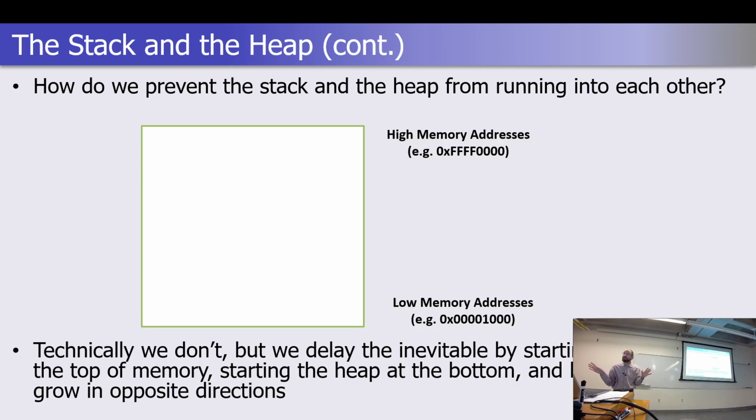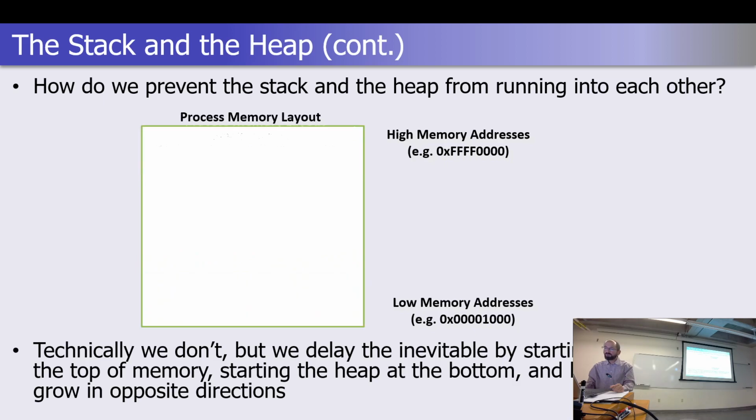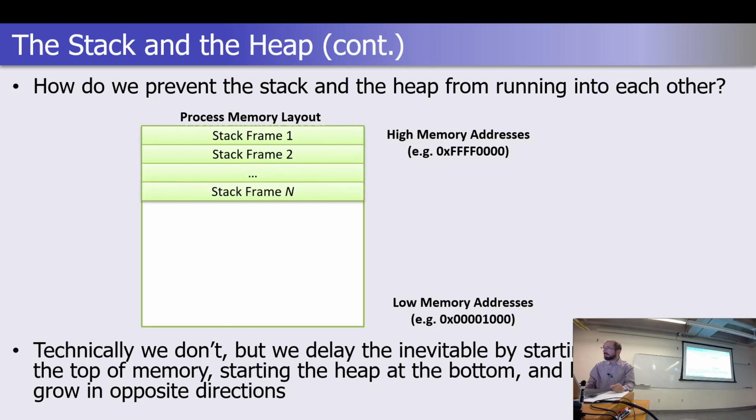By convention, the way we try to minimize this happening is by just splitting up the memory in half. So assuming the stack and the heap want to stay away from each other as much as possible, by convention, we put dynamically allocated things on the heap and statically allocated things on the stack. And as the heap grows dynamically over time, and as the stack as well grows dynamically over time, they actually wind up growing towards each other.